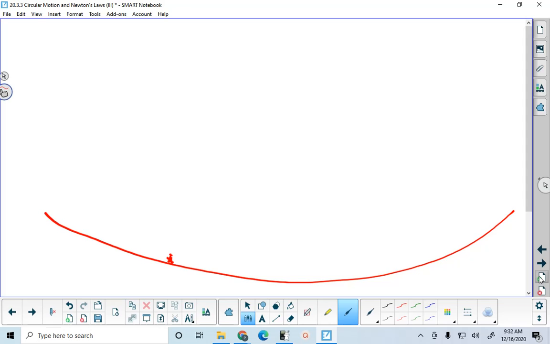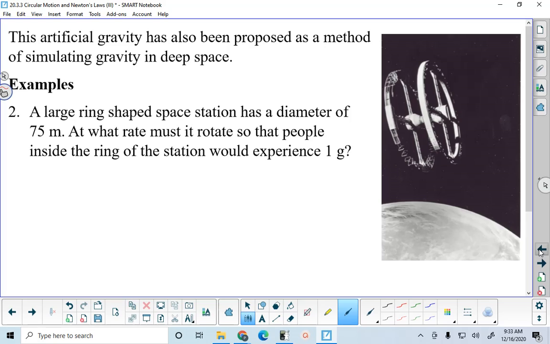You stand on this thing, and it's rotating, and it's so big that you're not even aware you're on the inside of a curve because it seems flat, and you're able to walk around on this thing. So it's the same thing as a human centrifuge, except that it's a satellite in orbit rotating. At what rate must it rotate? Rate means frequency.